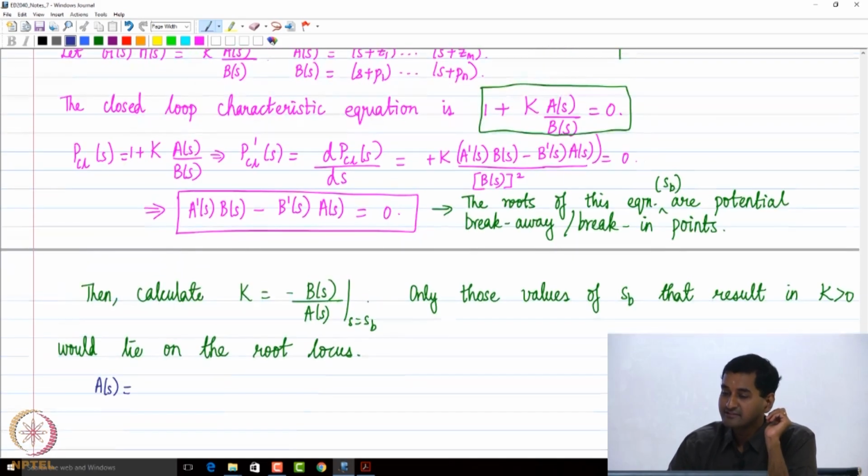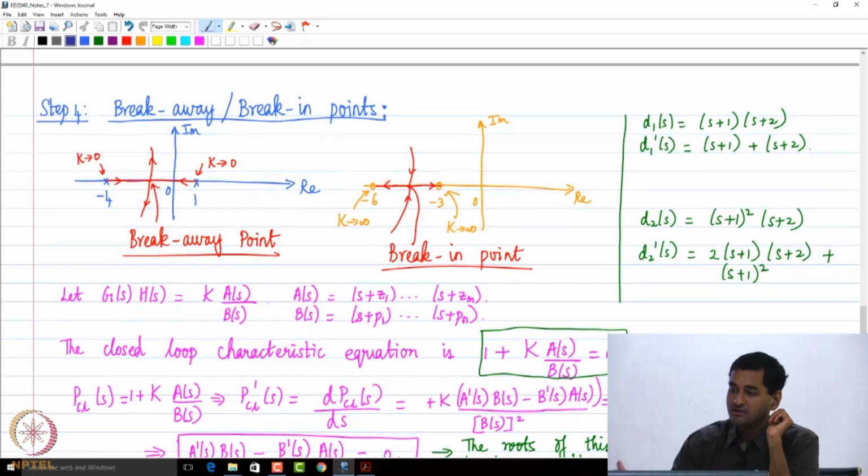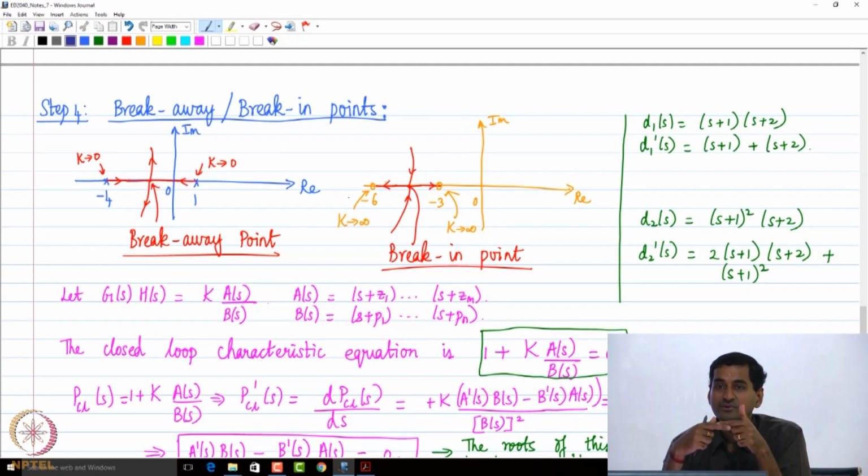Why are we making the derivative 0? Because at a breakaway or break-in point, two branches of the root locus are going to intersect. That means the corresponding closed loop characteristic equation would have a repeating root for that particular value of k.